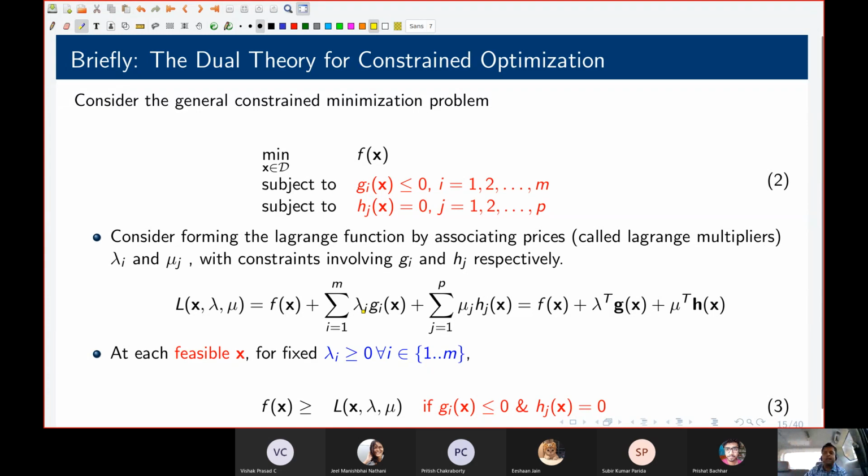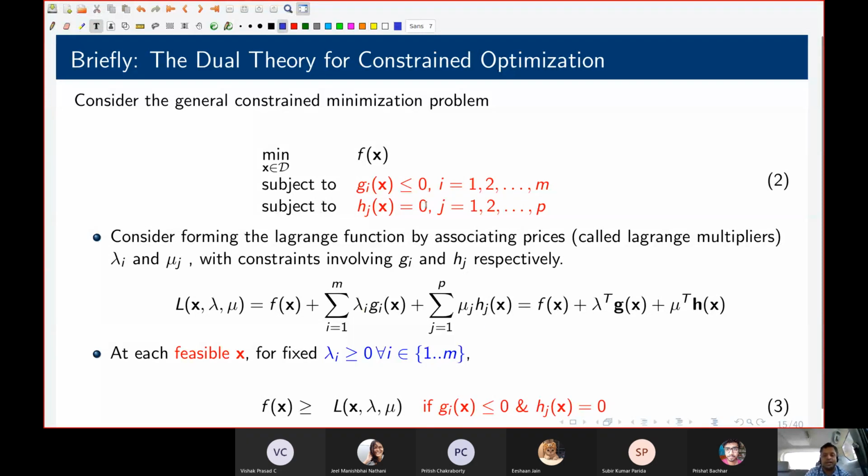If you are on the boundary, then you have to start honoring the constraints: the gradients of f, the gradients of g_i's and the gradients of h_j's should have some relation. The gradient of f should lie in the space spanned by the gradients of g_i's and h_j's. So instead of saying they're in opposite directions, now you're saying they should be in that span with some sign constraint. That's the reason we are bringing in the Lagrange function.